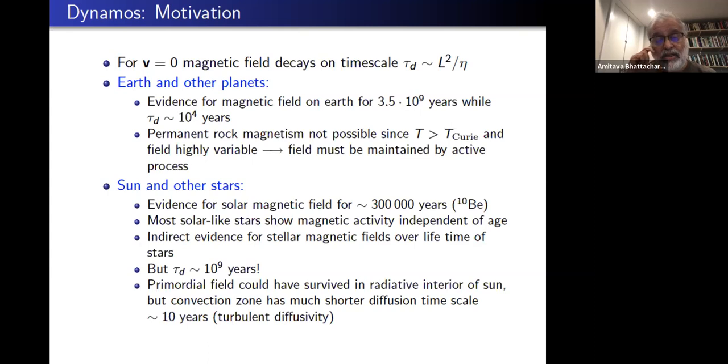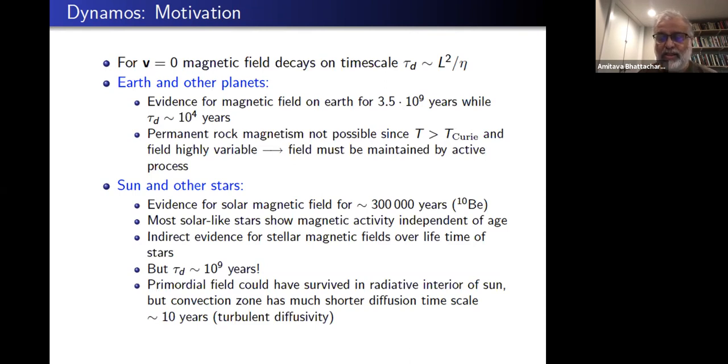Sun and other stars, the evidence for the solar magnetic field is for 300,000 years based on beryllium measurements. And the sun is a typical star, but not the only star in the universe, as you well know.